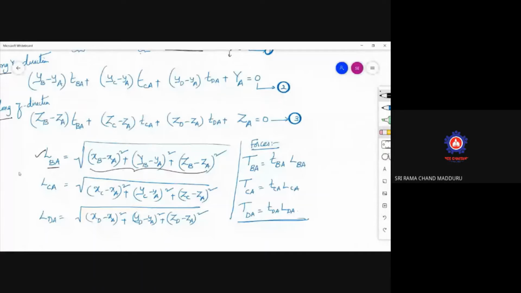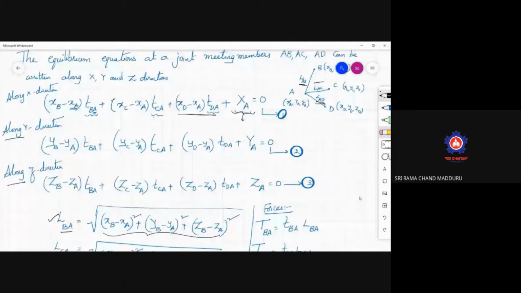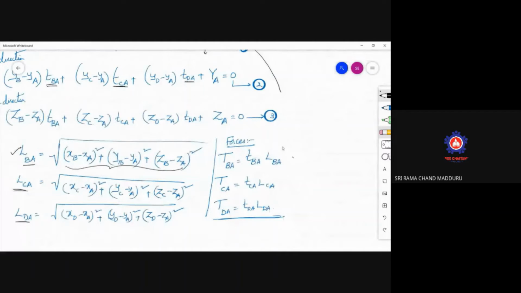Similarly, the lengths of members LCA and LDA are calculated. Here there are three equations available along the x, y and z directions, and three unknowns, the tension coefficients for the members. These tension coefficients can be calculated using these equations. Then the final forces in the members can be calculated.